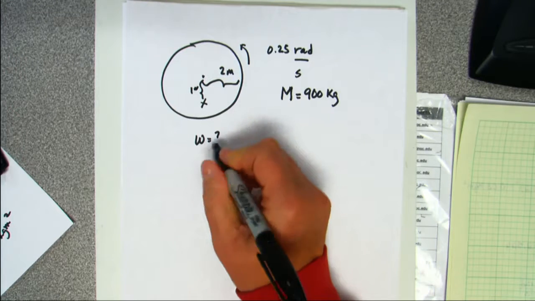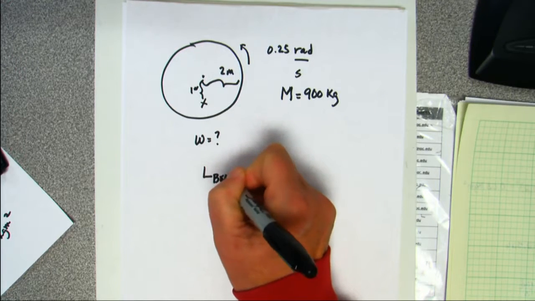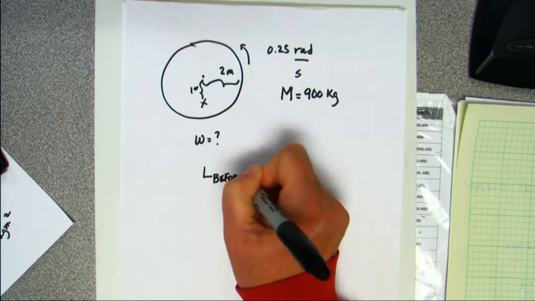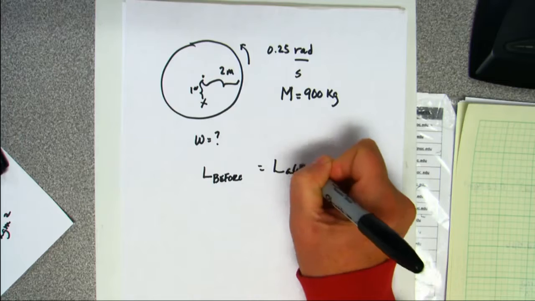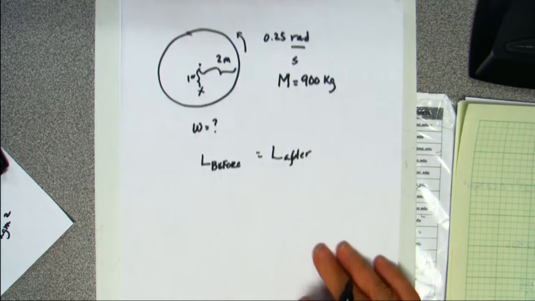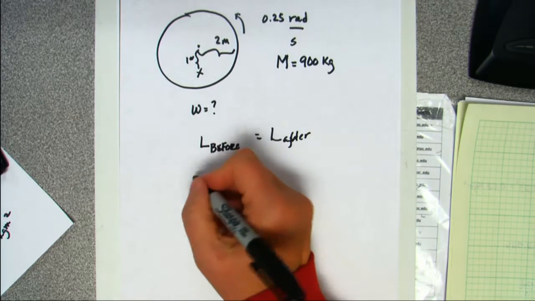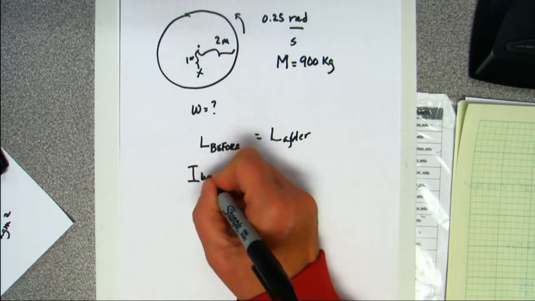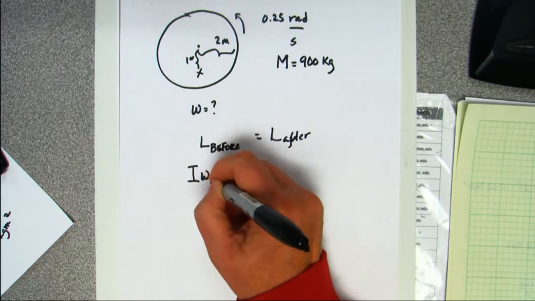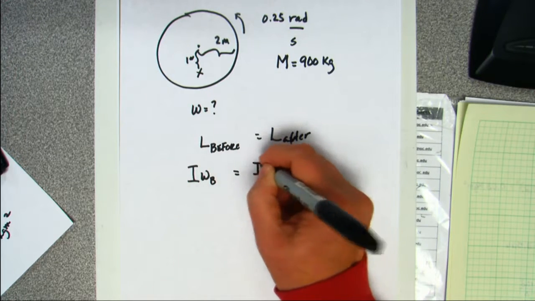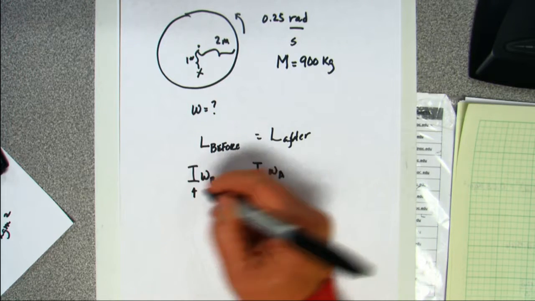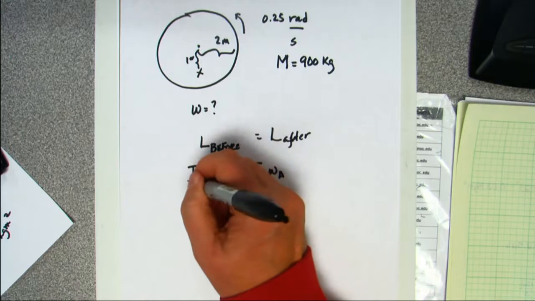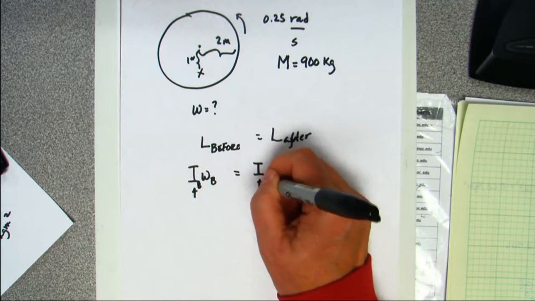So we're going to do the momentum before has to equal the momentum after. Now, in the momentum before, I have I omega before. It's got to equal I omega after. But this I and this I aren't the same. This is the before and this is after.